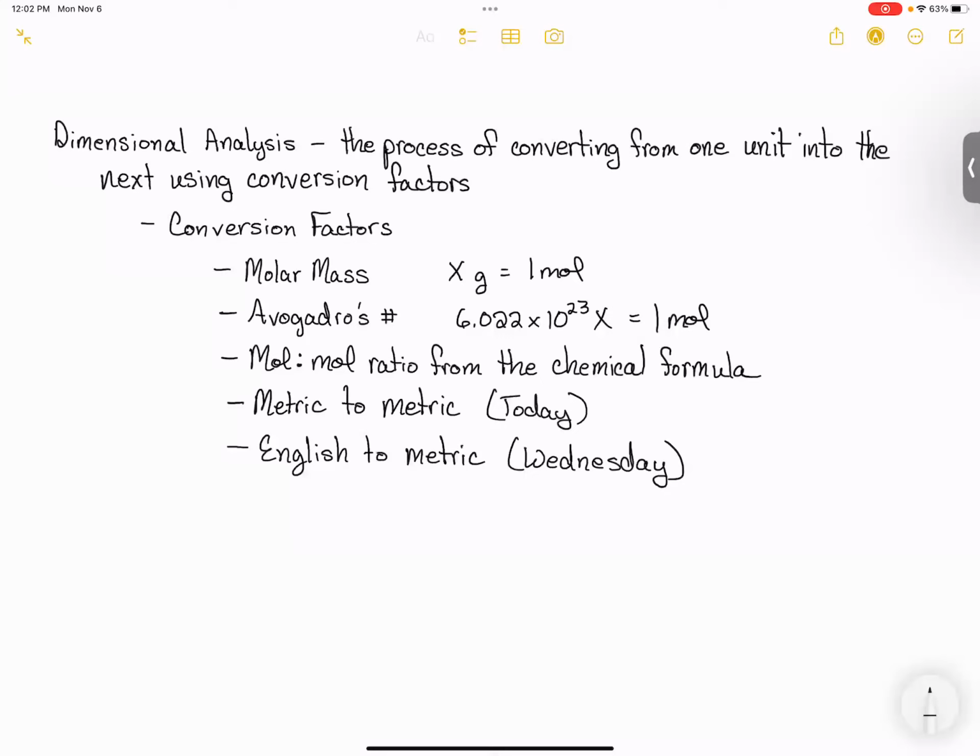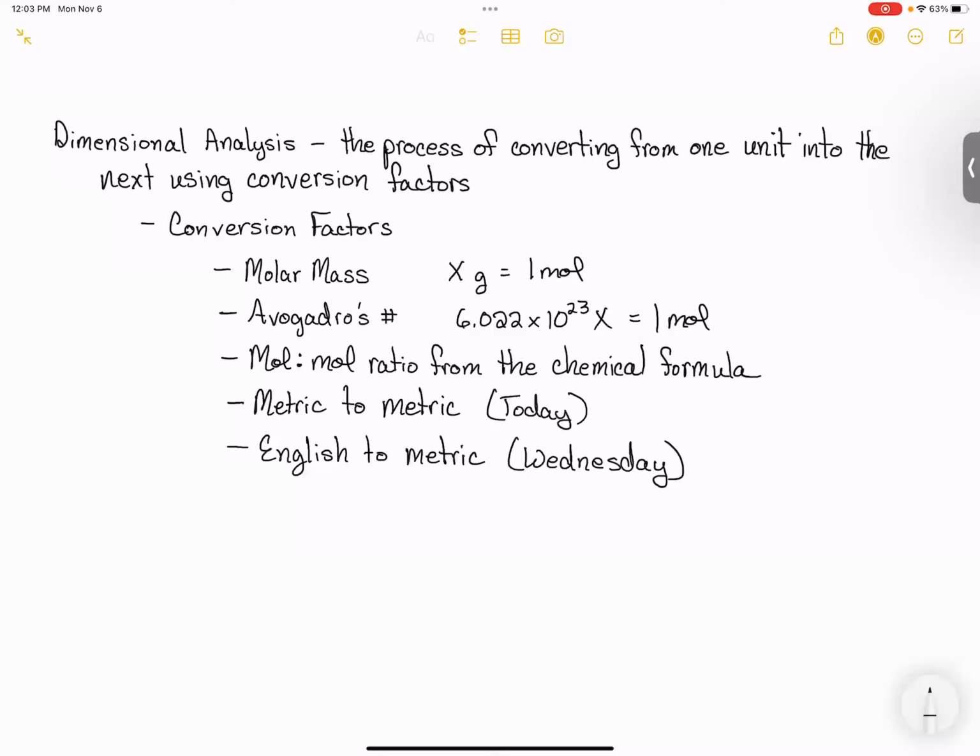What I'm passing out now is a set of conversion tables. On the top is English to metric conversions, or English conversions, and on the bottom is metric to metric conversions. You will receive the top table on an exam, but you will not receive the bottom table on an exam.